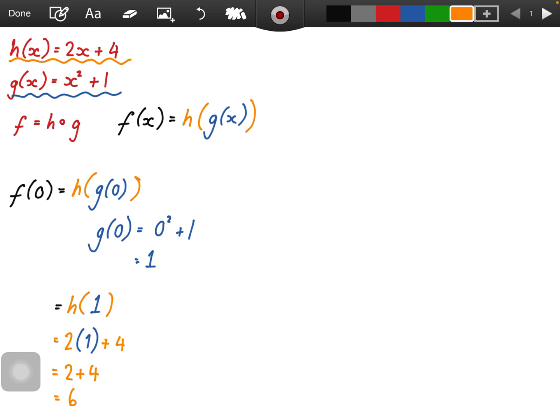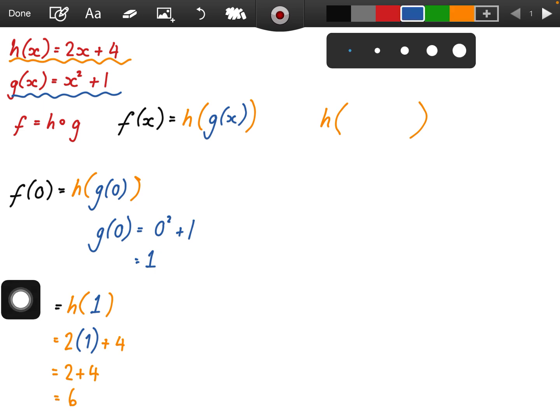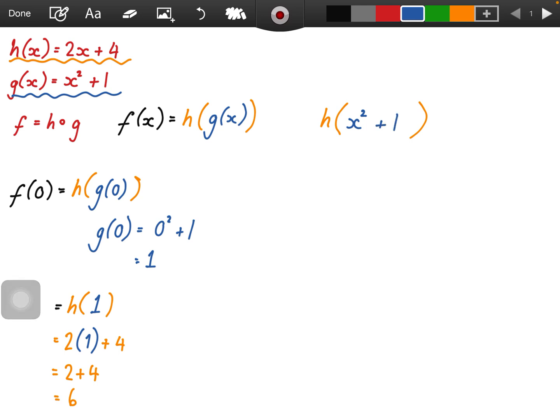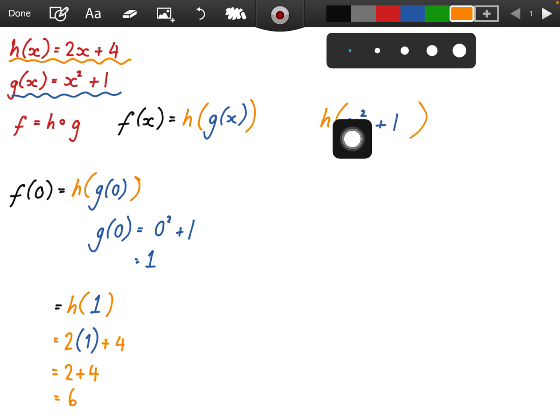So we are now going to have h of the function g of x. g of x is x squared plus 1. Just like I would have done before, this is now what I am going to replace x with from the function h.